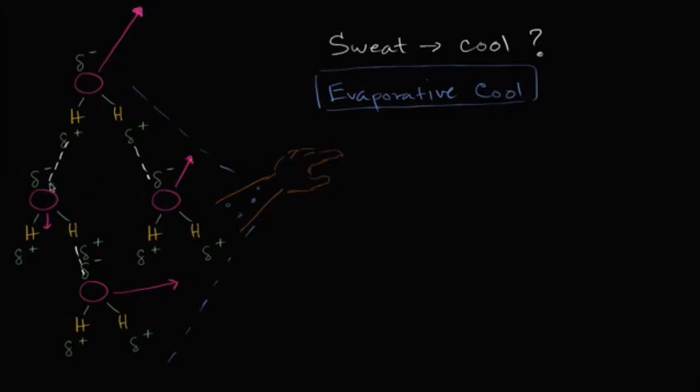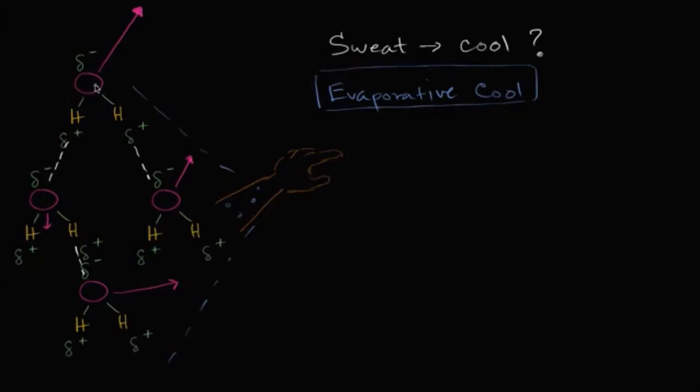We've already talked about how hydrogen bonds in water, between the partially negative and partially positive ends, are what keep the water together. As these molecules flow past each other, what gives water its cohesion is these hydrogen bonds. But remember, we're talking about the average kinetic energy. Even at room temperature, when the average kinetic energy isn't so high, you might have individual molecules with quite a high kinetic energy.